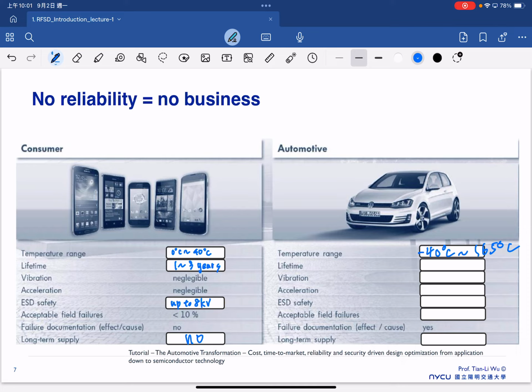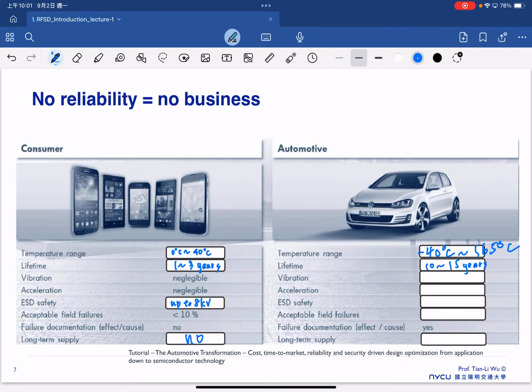So we have to consider all of the specs and make sure that our automotive devices are all functional. And another aspect is lifetime. The lifetime for automotive is pretty long, because I believe everyone, not being that rich, cannot replace your car every 5 years by buying a new car. I think that's not possible for everyone. So usually once we buy a car, we expect to drive it for more than 10 years, and sometimes even more than 15 years. And if you talk to your grandfather, probably they have a car driving for more than 30 or 40 years.